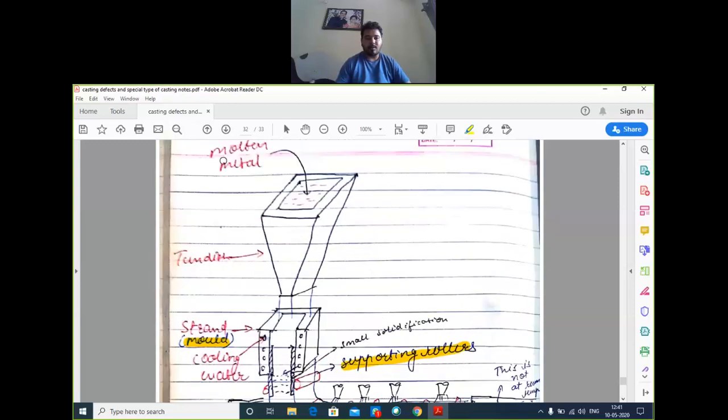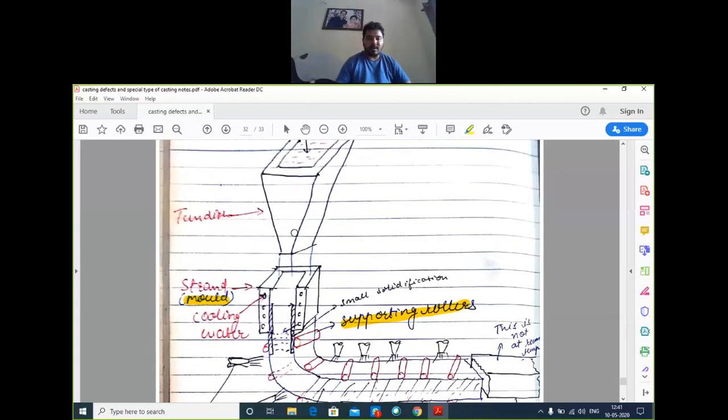If we pour the molten metal in the tundish, the tundish is tapered in shape, so there is no problem of air aspiration. For reducing air aspiration, we use the tapered tundish for pouring the molten metal.